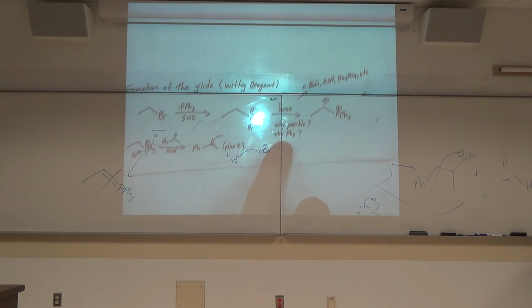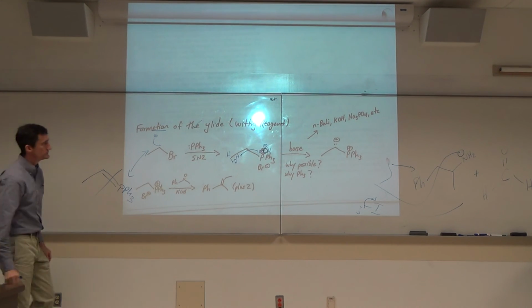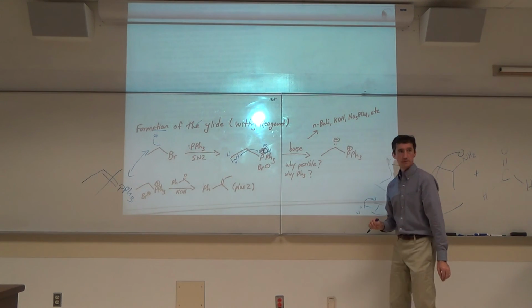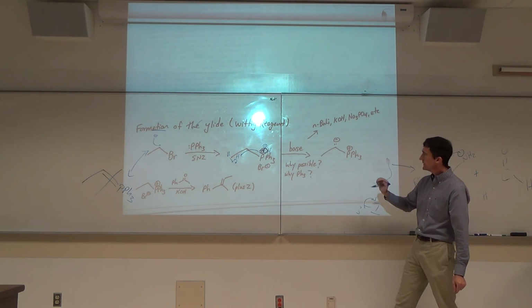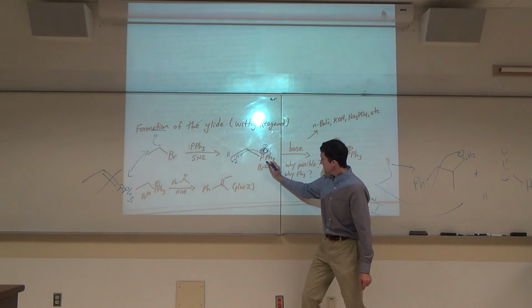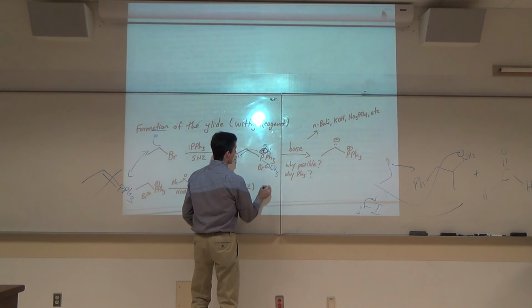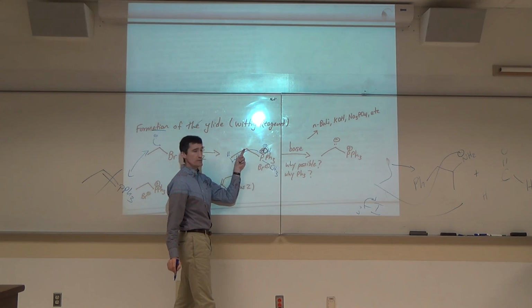Question here, why phenyls on the phosphorus? Why not methyl groups? Localized charge. I didn't quite hear you. Let me go ahead and tell you. If this was methyls, when you added base, you would have a CH over here and over here.